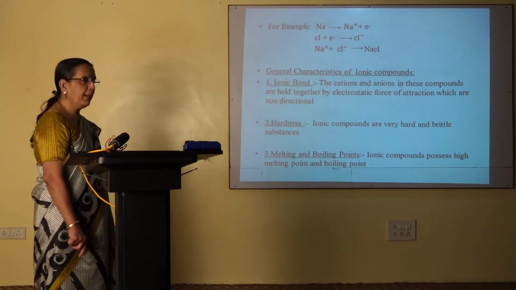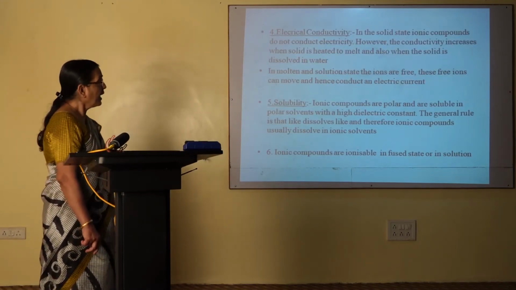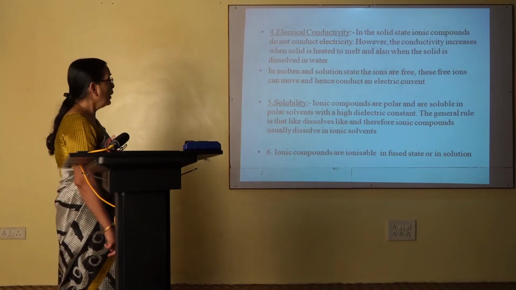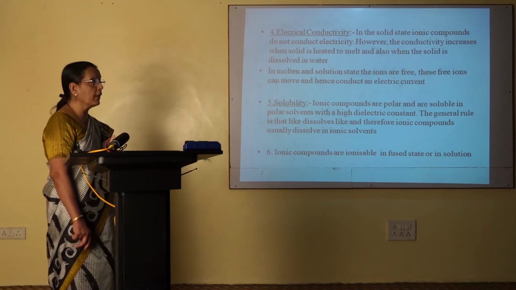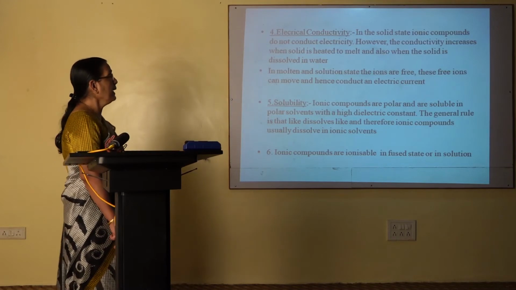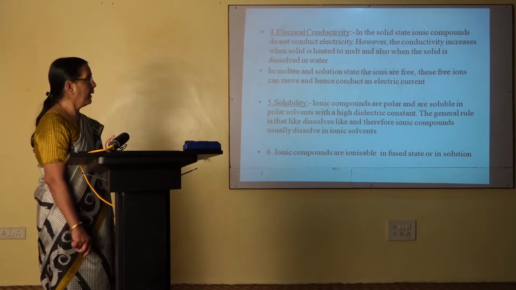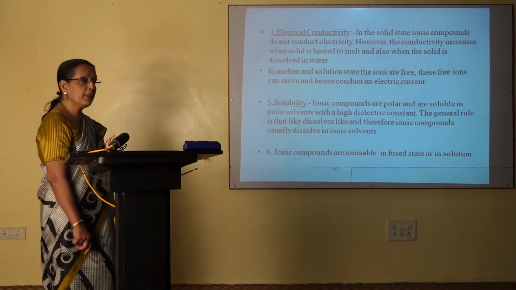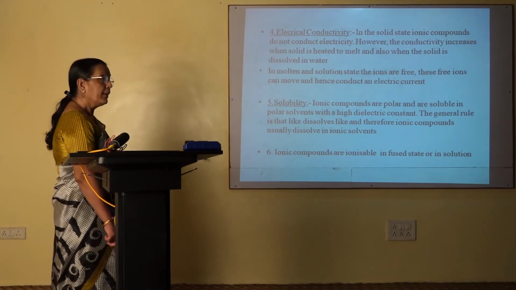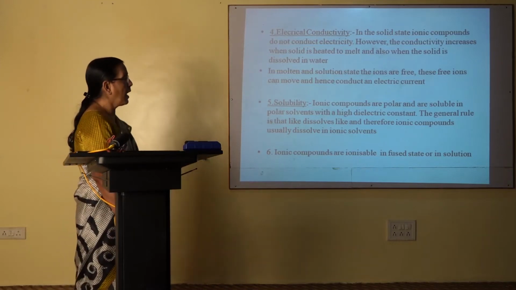Next, close packing. See, what is close packing? The arrangement of the maximum number of ions or atoms into the smallest possible space is called close packing. In such an arrangement, each sphere is in contact with the maximum number of nearest neighbors, which is called the coordination number of the sphere.